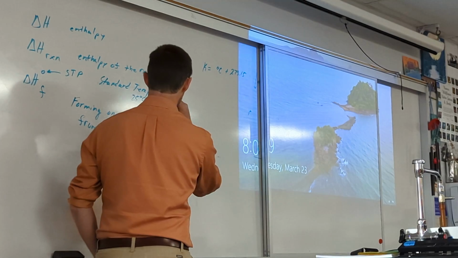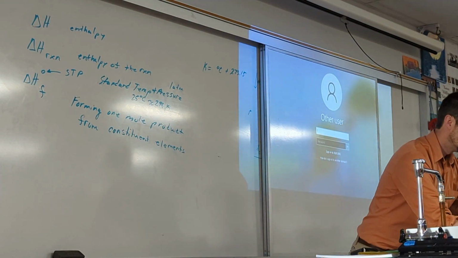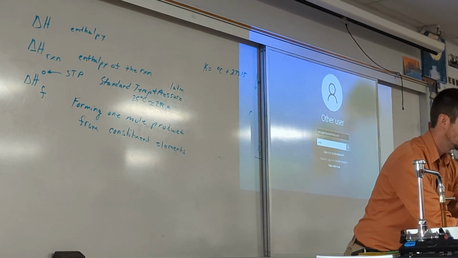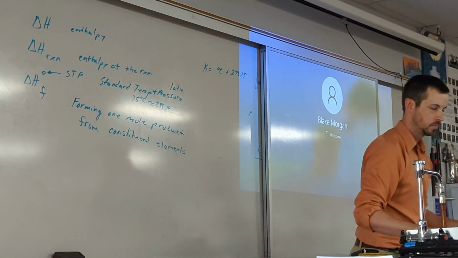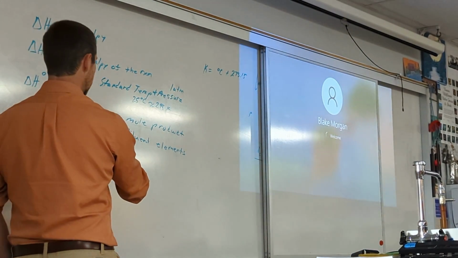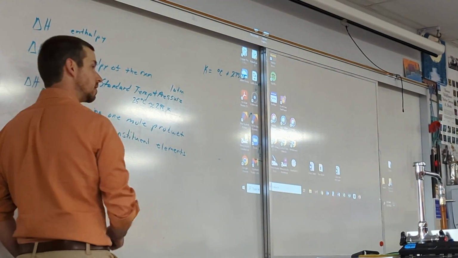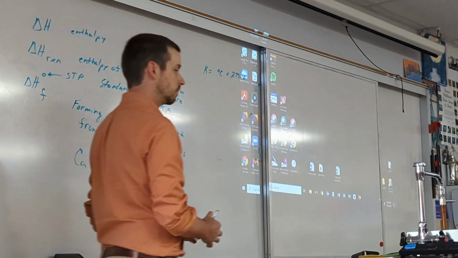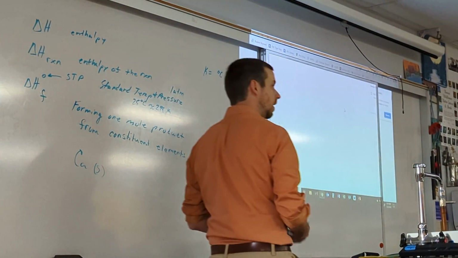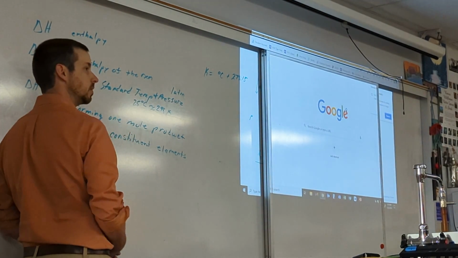Let me give you an example of that. All right, so here's an example. What is constituent? If you have calcium, is calcium a solid at room temperature and pressure? Yes. You would not go ahead and say, oh, calcium is a gas at room temperature and pressure.